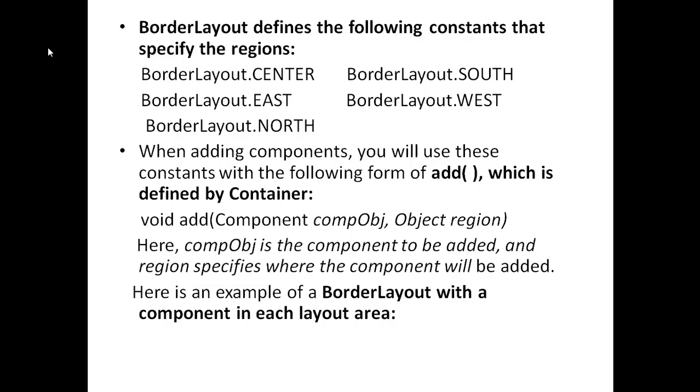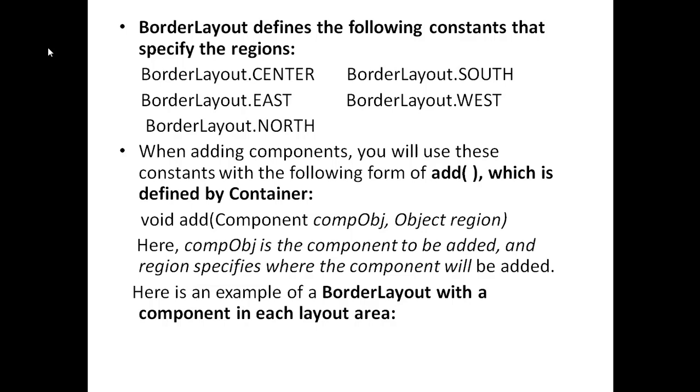Here compObj is the component to be added, which we need to specify. Region specifies where the component will be added: north or top, south or bottom, east, west, or center. These are the 5 constants we already studied.